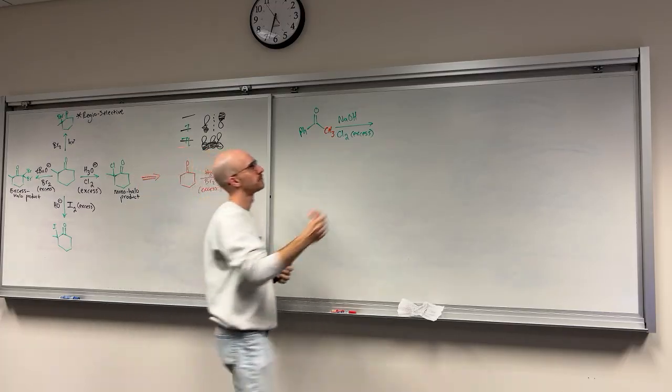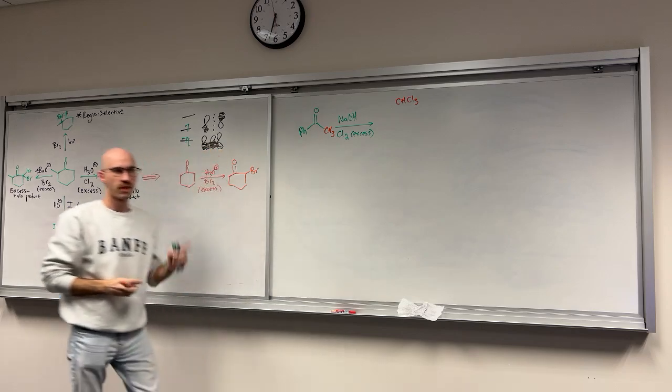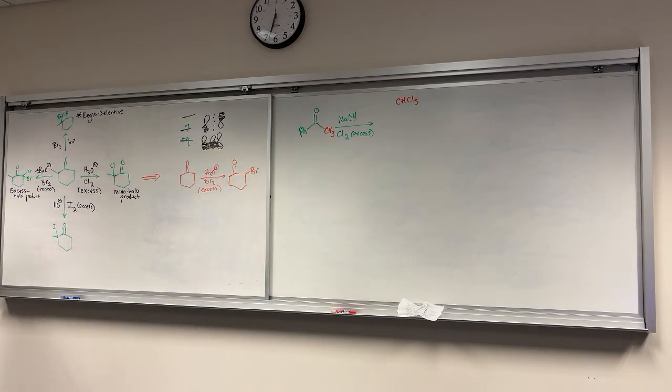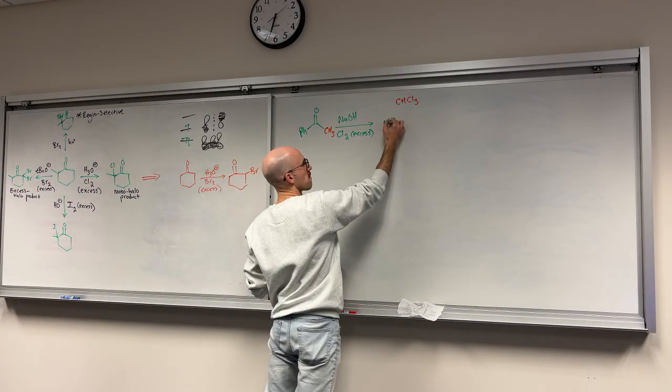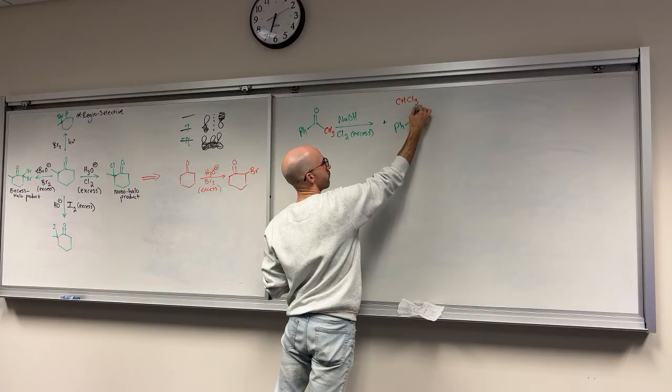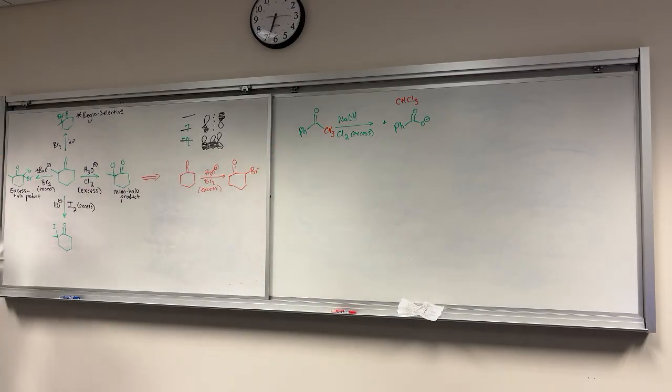Here's a product, CHCl3. I've written it in orange to help you track that. The other product that forms here. Did you see that? Did you catch it? That is a carboxylate.